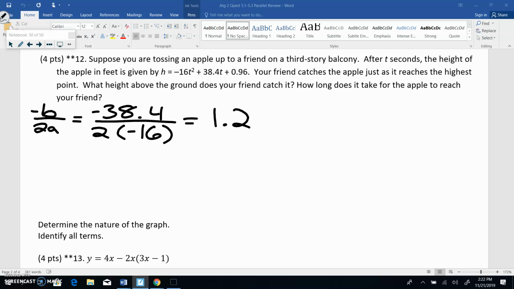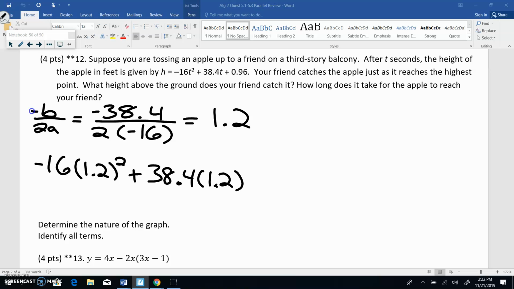So if you just do that, you get half credit on this problem. The rest of this problem, all you got to do is plug that in. Again, these are all calculator problems, guys, so you should be able to handle it. All right, if I plug in that 1.2, 38.4 times 1.2 plus 0.96.